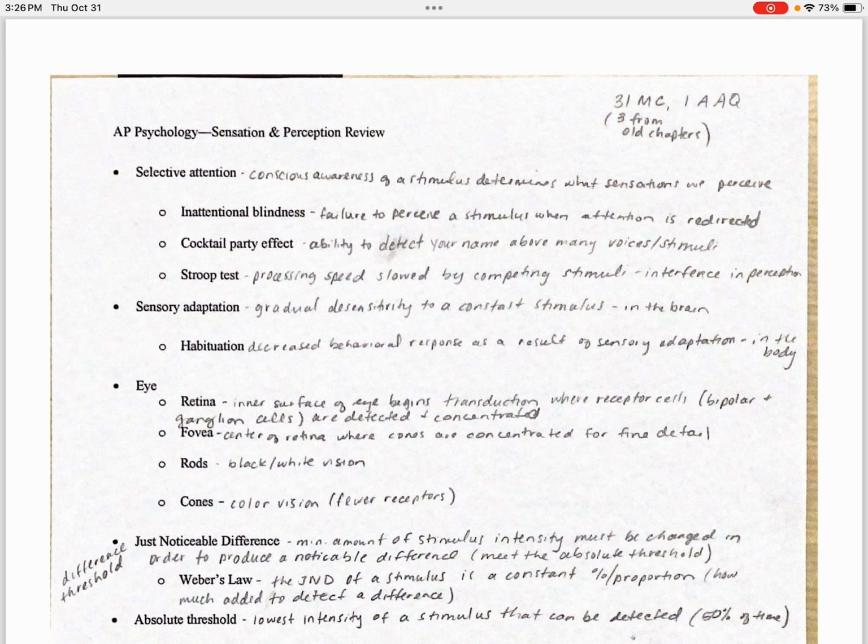Let's say we smell something really bad and it's just really, really strong. We might even do something like plugging our nose, and then eventually we kind of quit plugging our nose because we've actually become adapted to the smell. So the habituation happens in the body.